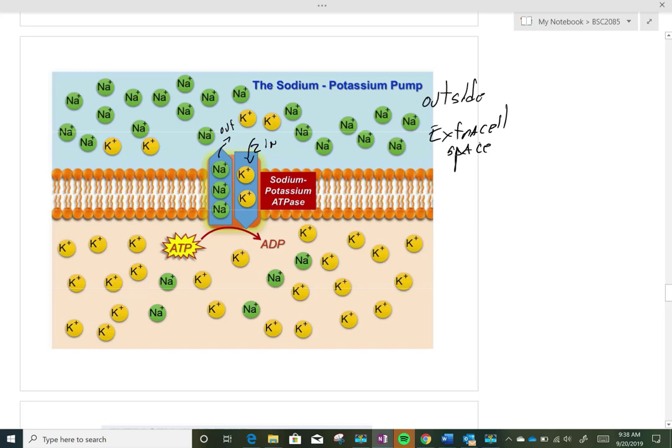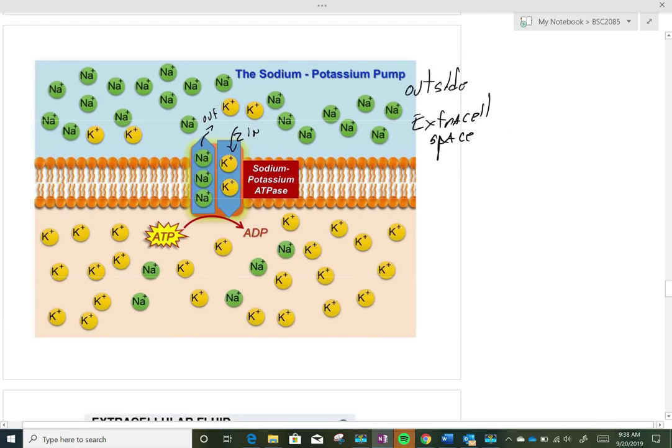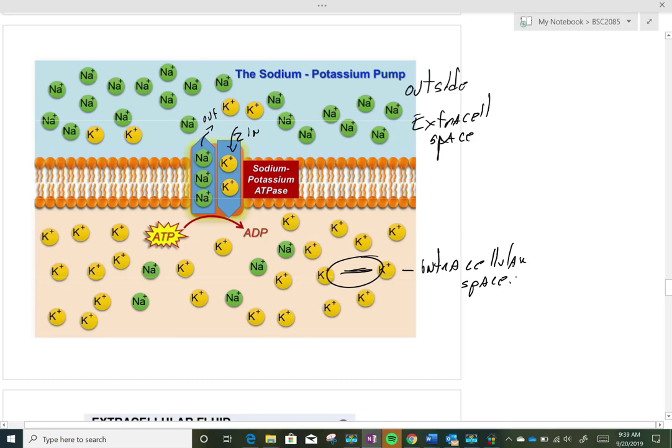So why are we pumping the sodium out of the cell? So we can make the cell what? Negative, more negative, right? The intracellular space. So far, so good? Which normally happens when there's an action potential, right?